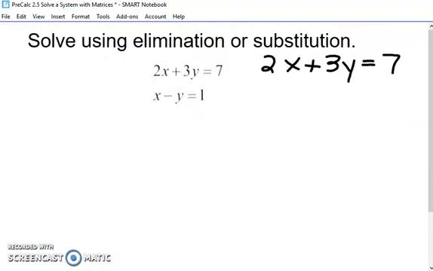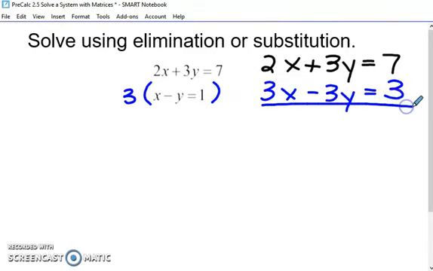So we'll take a quick look at substitution and elimination. We want to make sure it's in standard form, especially if we use elimination. If I want to create opposites, I can create opposite y's by multiplying by 3. So this is 3x minus 3y equals 3.